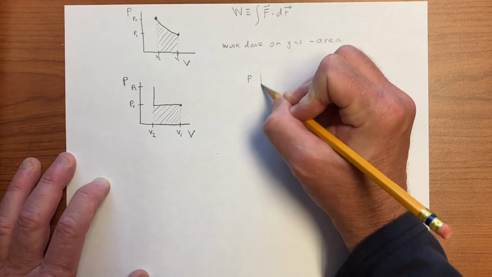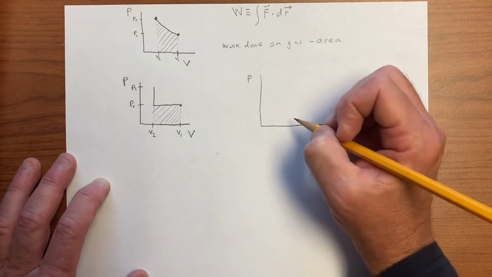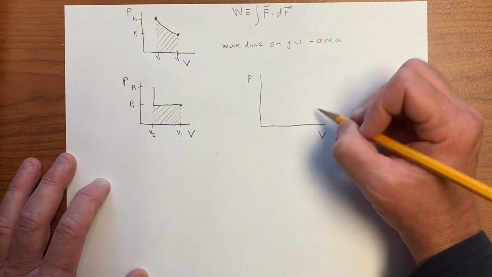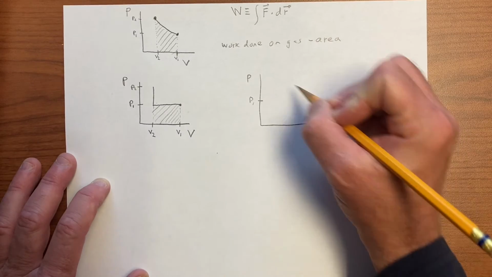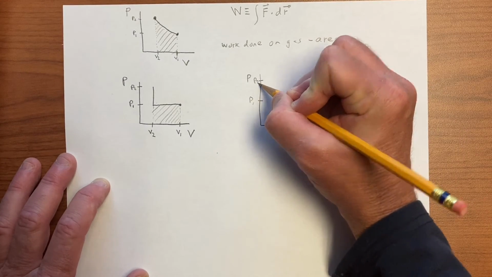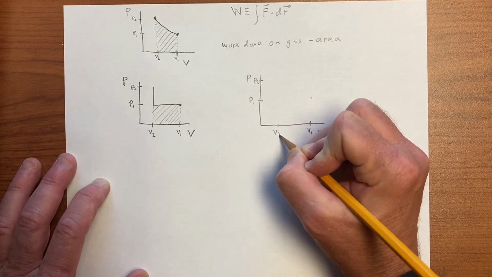Let's imagine a different way. We could go up this way and over. So we start with a P1. We want to end up at a P2. Start at V1. We want to end up at a V2.